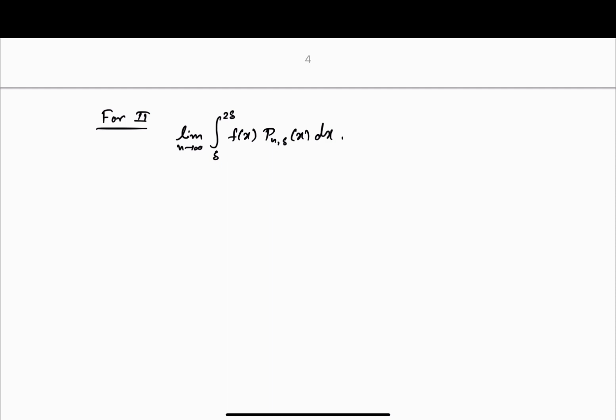So claim: using Fubini's theorem, we have to check that this is absolutely integrable. So we have to check whether this quantity from delta to 2 delta is absolutely integrable or not.